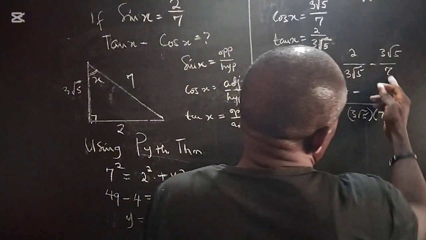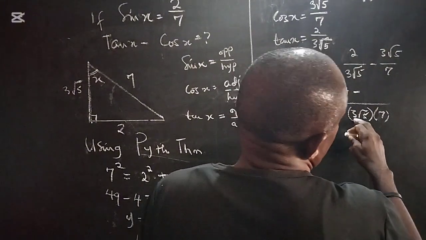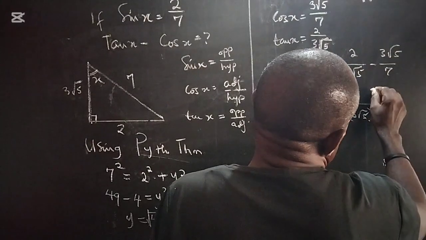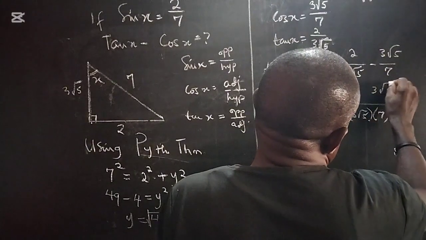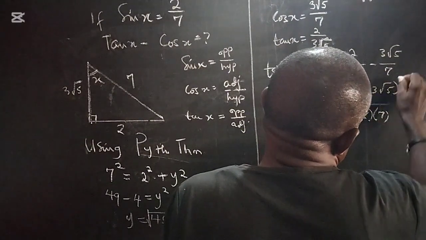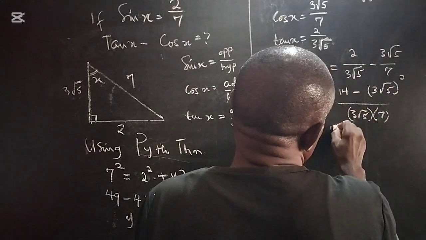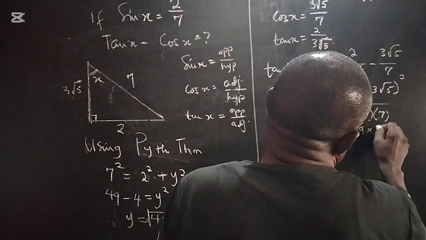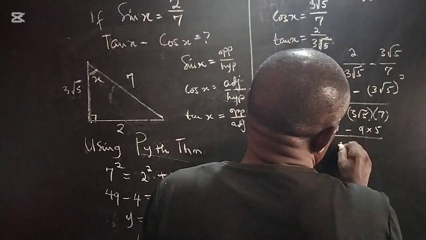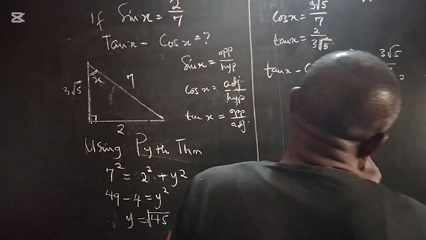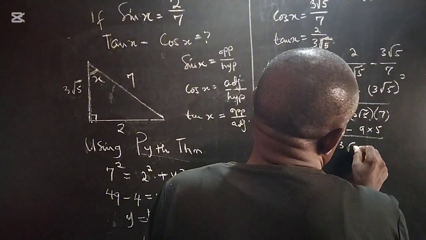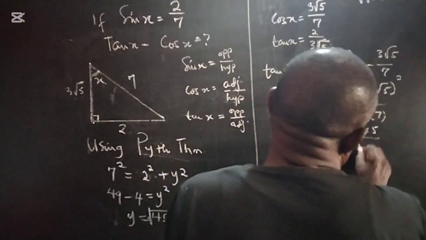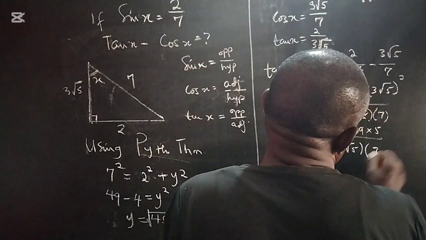And then 7 will cancel 7, you're left with 3 square root of 5 times 3 square root of 5. So what that means is that we have 3 square root of 5 all squared. So if you do that, you're going to have 14 minus 9 times 5, divided by 3 square root of 5 times 7.